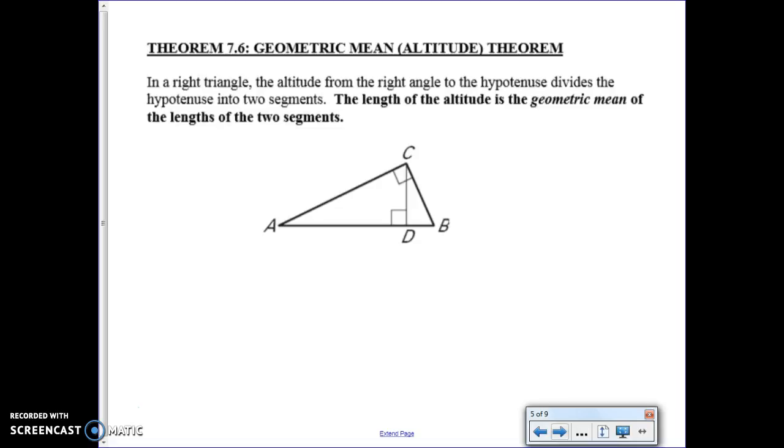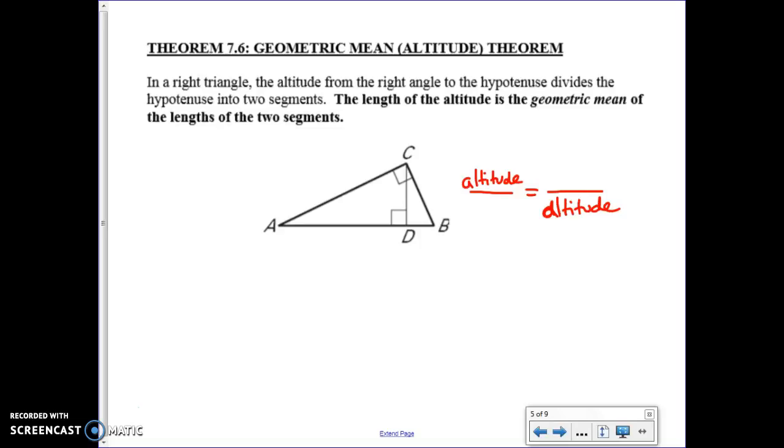Okay, so that word geometric mean, we're going to talk about more in class, but when we're setting up a ratio, what it means to us is that those are the pieces that go across from each other. So the altitude is going to be the top of this one, and it's going to be the bottom of this one.